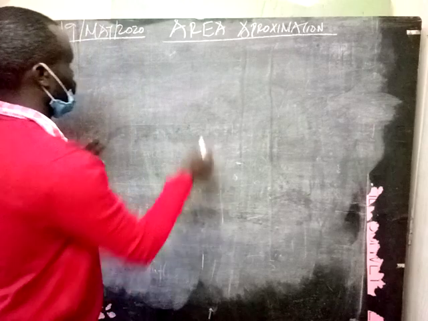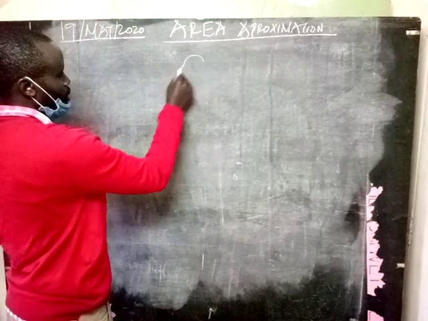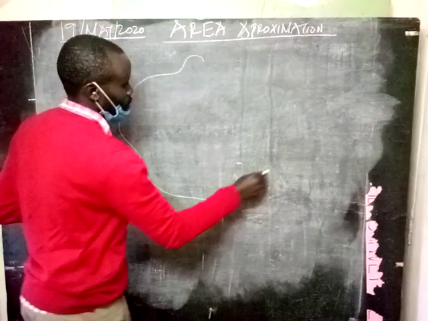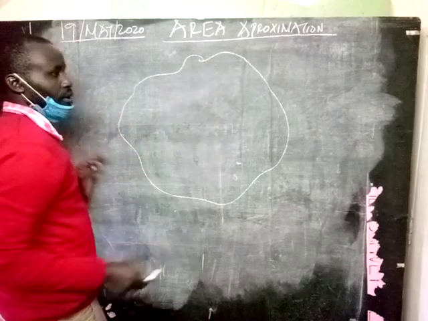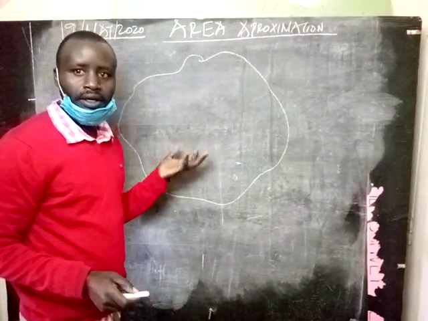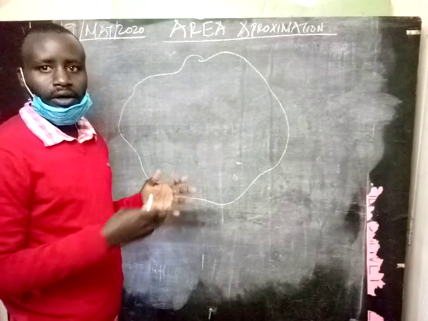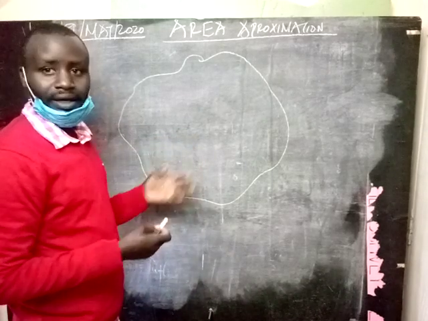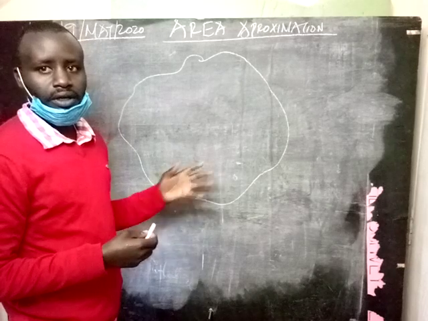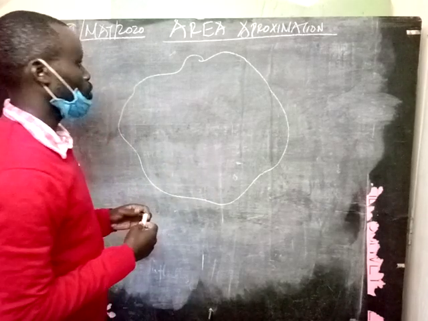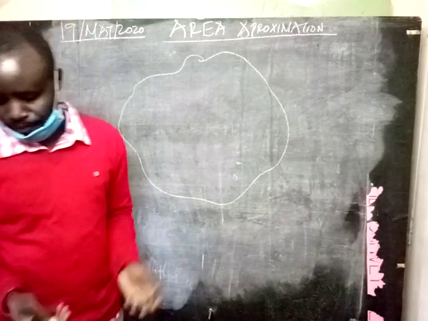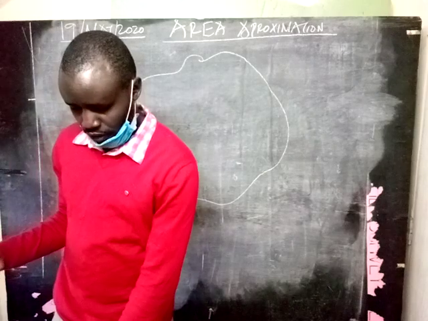We are going to see how to find the area of a regular shape, like area covered by a forest, lake, ocean, any piece of land, an island. You want to find the area of this. What we are going to use is approximation methods.